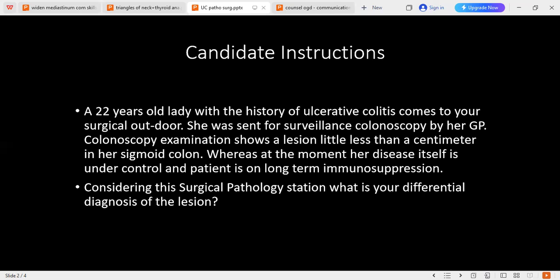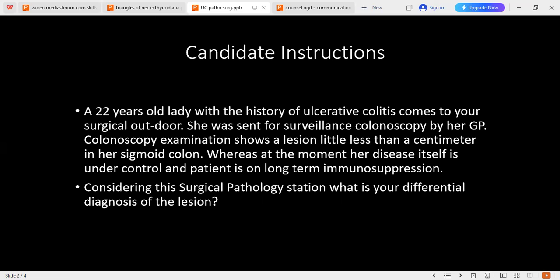In case of TNM staging, T for the tumor stage: T1 submucosa, T2 muscularis propria, T3 confined up to the subserosa, T4 invades the serosa or surrounding structure. N0 no lymph node, N1 1 to 3 lymph nodes, N2 more than 3 lymph nodes.